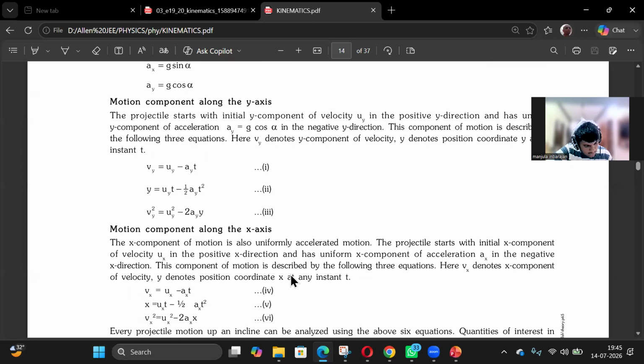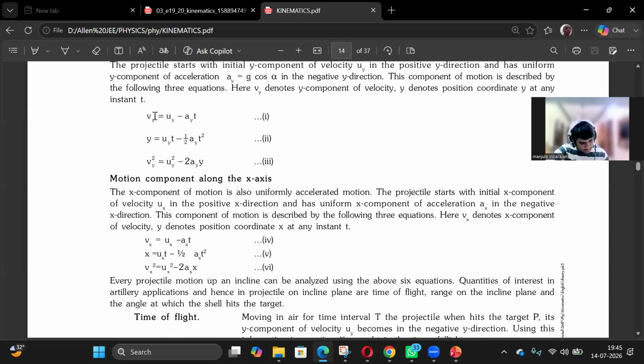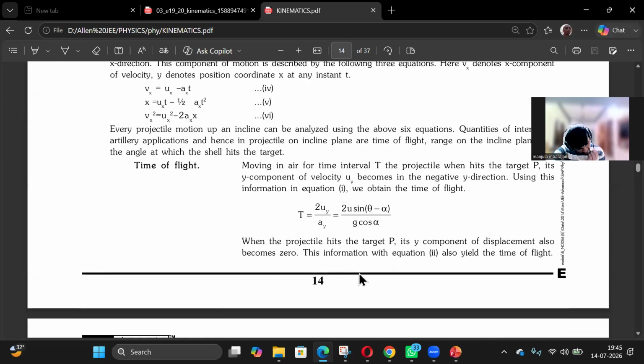So vy is known then. Vy is same as uy with the minus sign. So vy, I just have to put minus uy and take this here. So it becomes 2uy by ay.